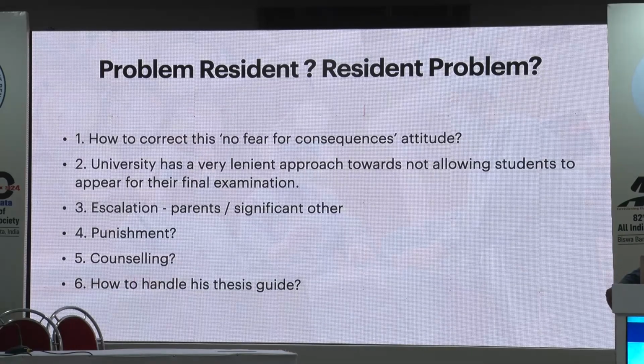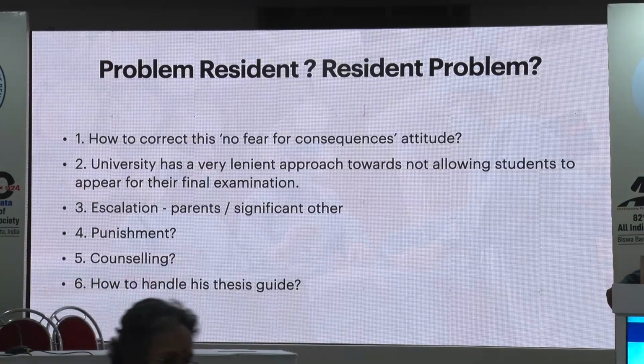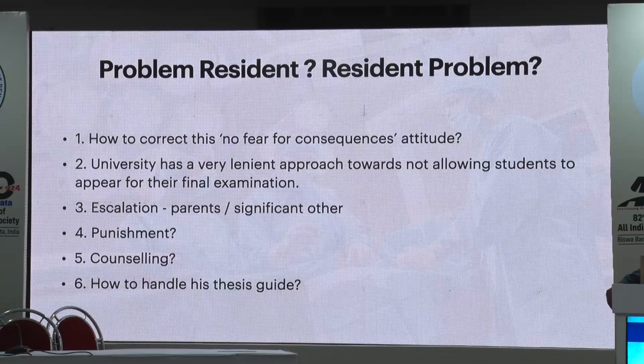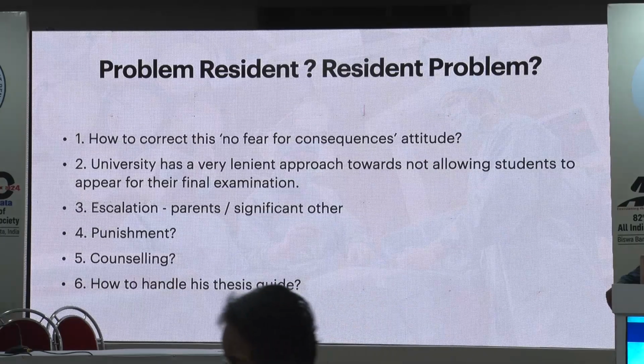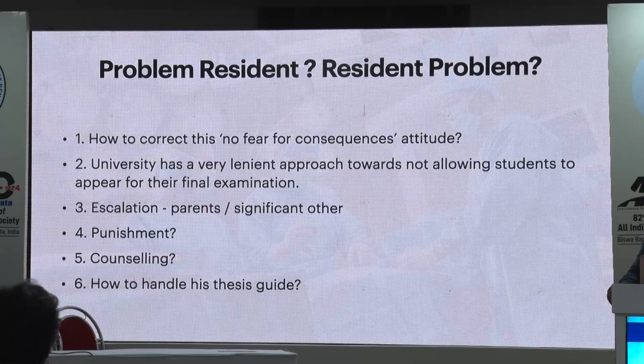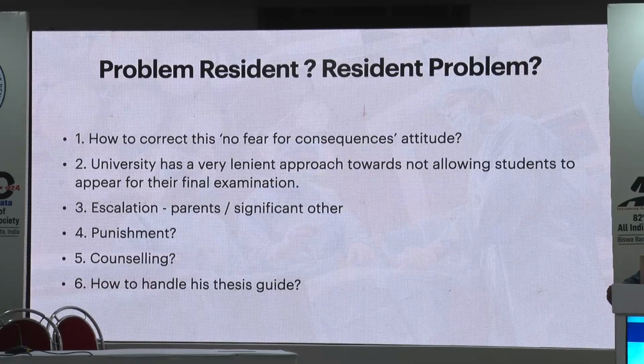I think punishment won't work at all. Yeah, that's just ruled out. Probably, like what you said, sir, the tracking of events, what happened the day before the first time he was not there. Probably some personal issues also, I guess, like what madam was saying, that's also a case for the Department of Psychiatry.